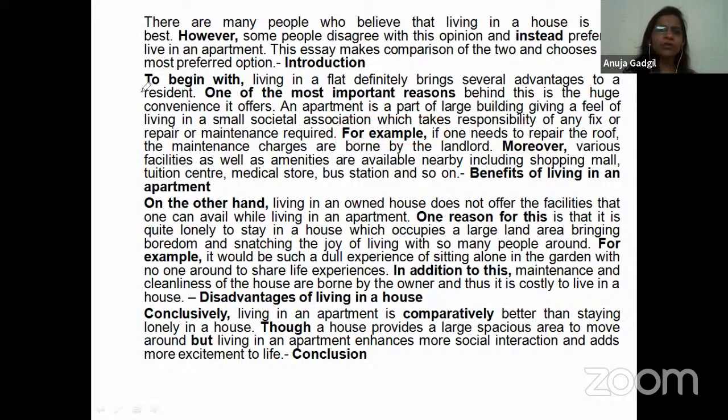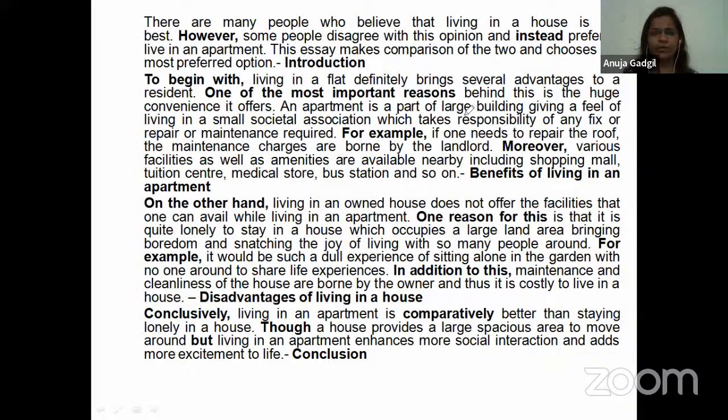It is very important to use these highlighted words because they are linking words, and they add a lot of interest in the mind of the reader, because then the reader is excited to know, oh, what next, what next? So these are advantages of living in an apartment.